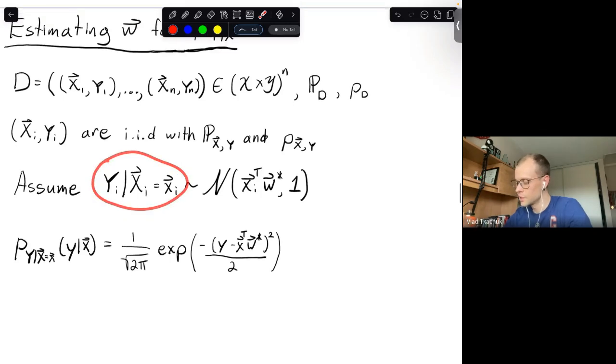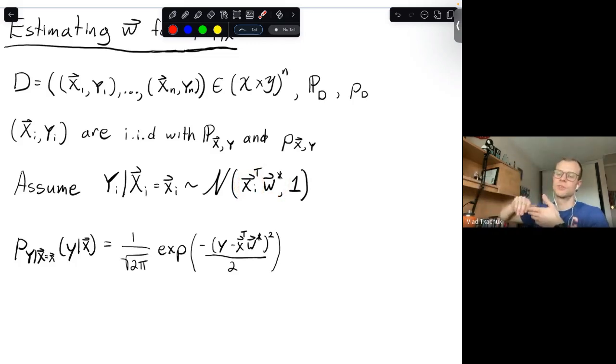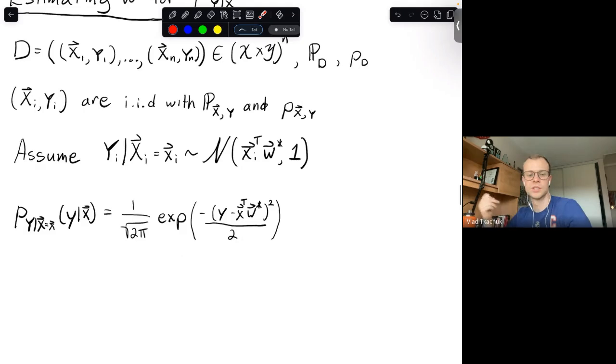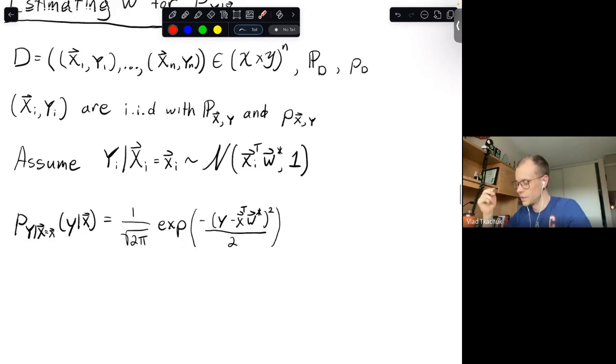So you can model relationships where, if w star is just some number, let's say in the 1D case, as x is increasing, then you'll get a larger mean, meaning your label increases. Like if the number of rooms of a house increases, you would find that the price also increases. And you can model these kinds of linear relationships with respect to the features.